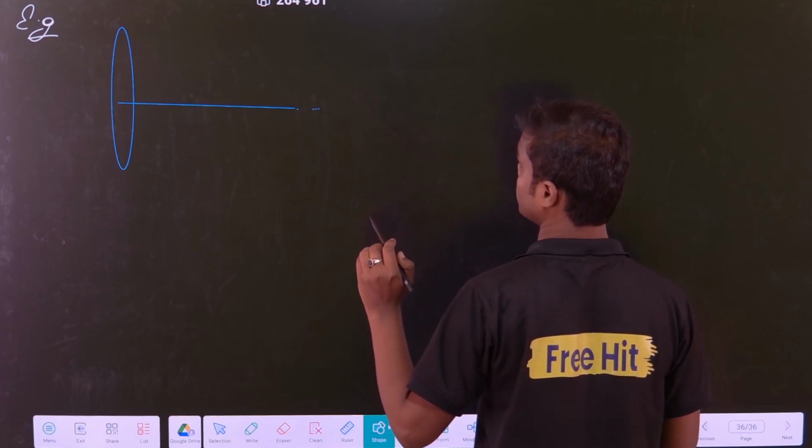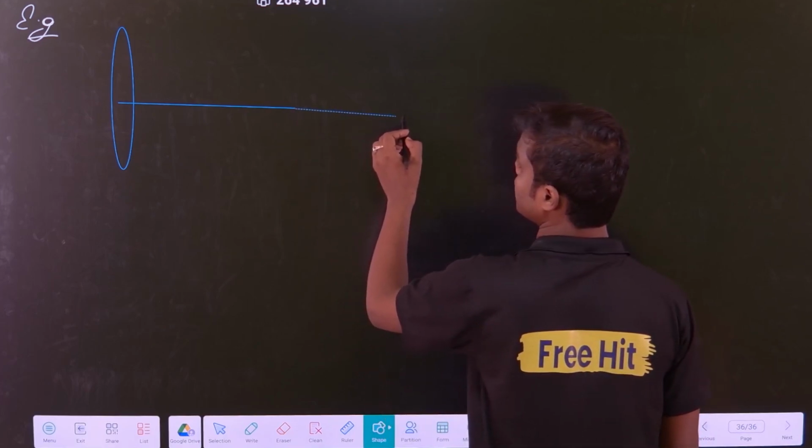We are considering it as an infinite length wire.